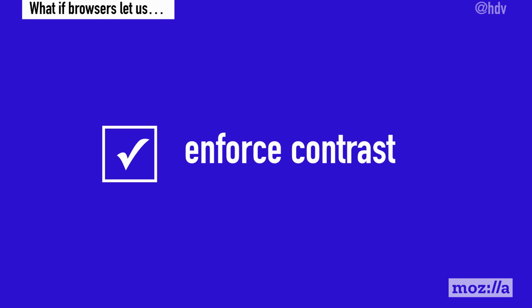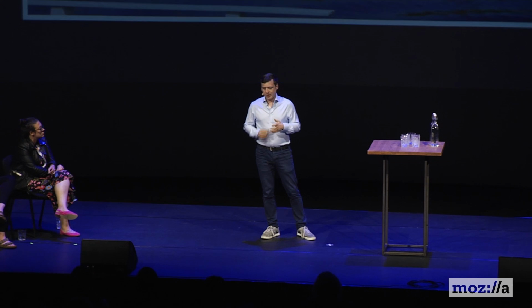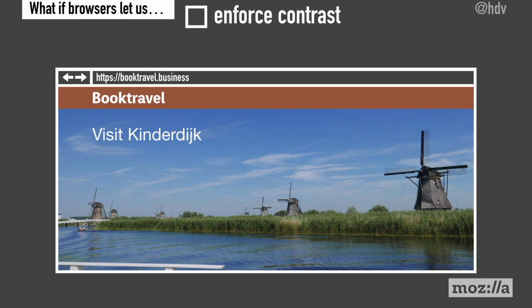Another one I think that we could fix automatically is to enforce contrast, because a lot of different users will have problems reading text on the web. An example is if you have white text on a light photo, it's usually really hard to read, and it sometimes happens just because the designer designed it with a dark photo, and then someone on content thought that a lighter photo would fit well, didn't change the text color, and you get these issues.